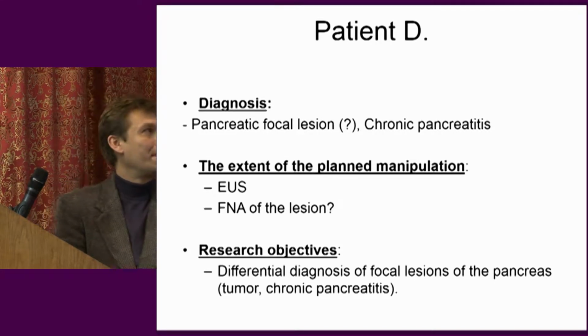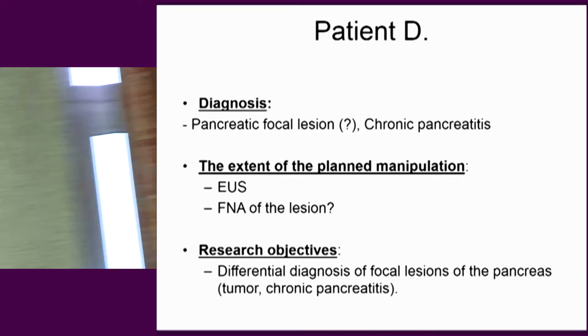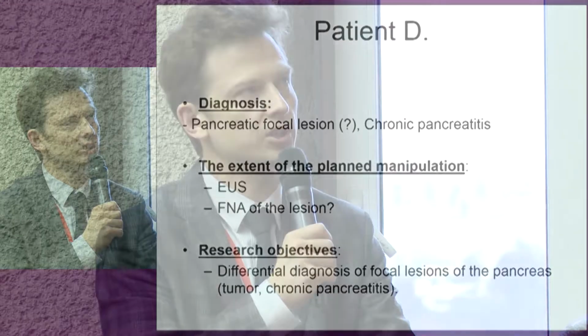Since we don't know what that is, we decided to do EUS. So don't we have any other diagnostic material from those methods that were used? No. The final diagnosis before the procedure was just a cystic lesion.